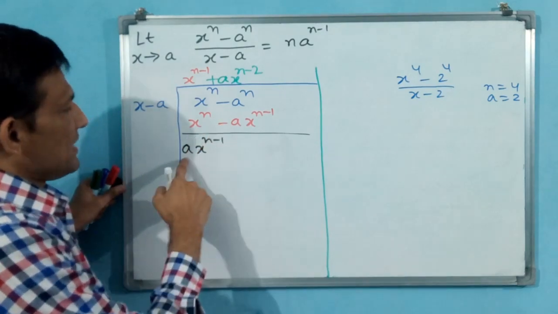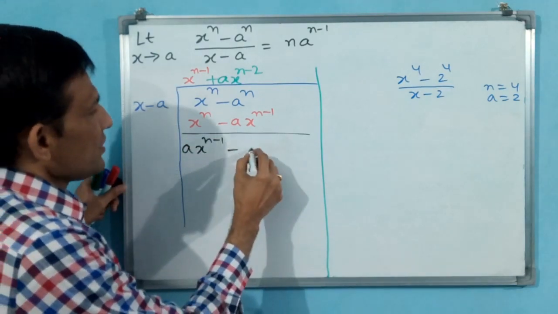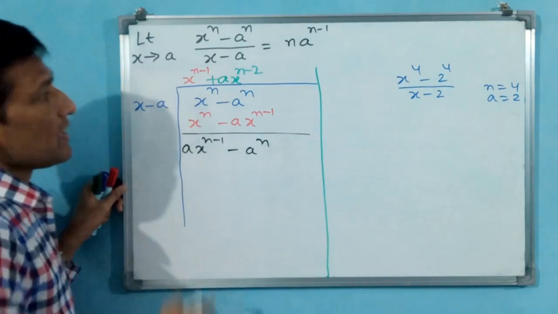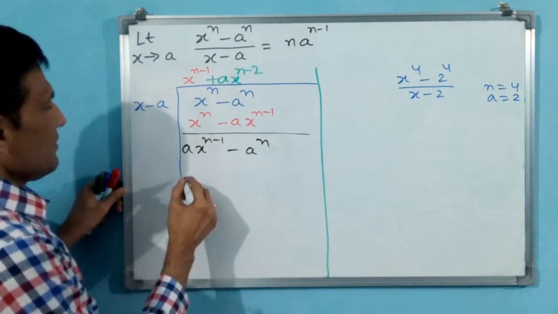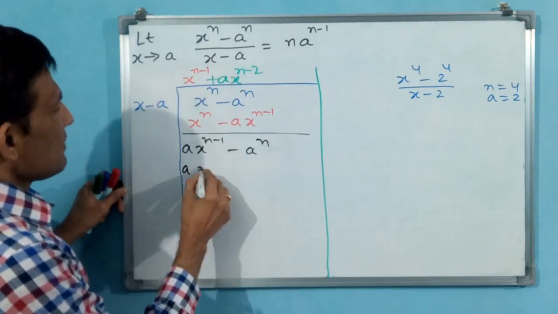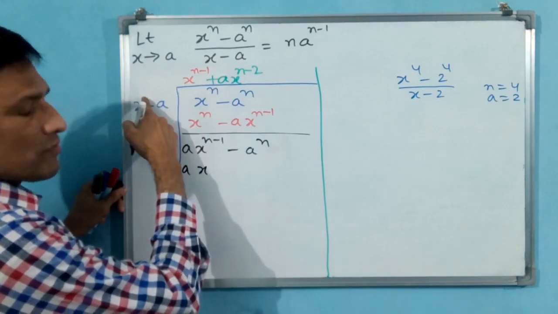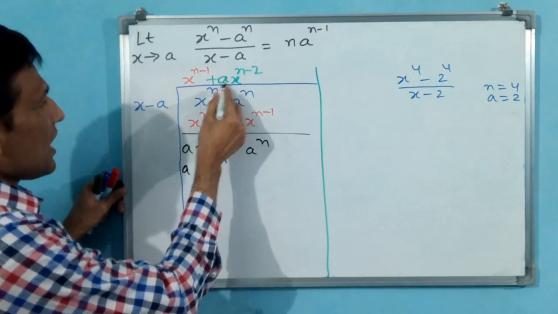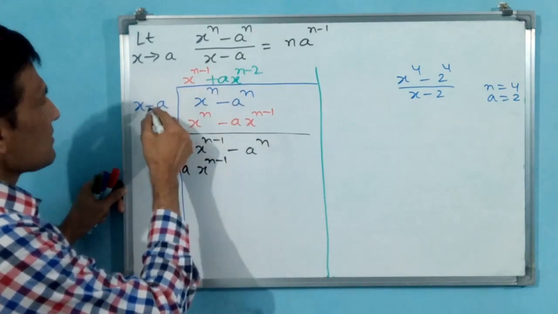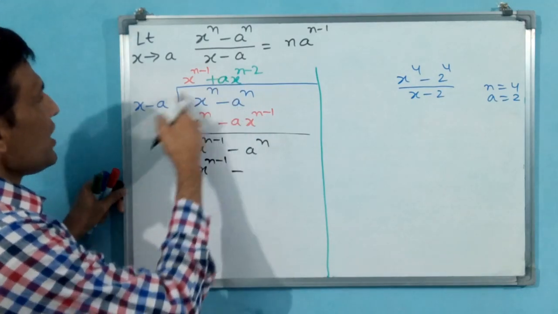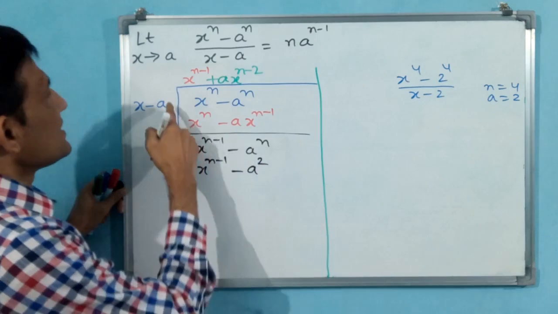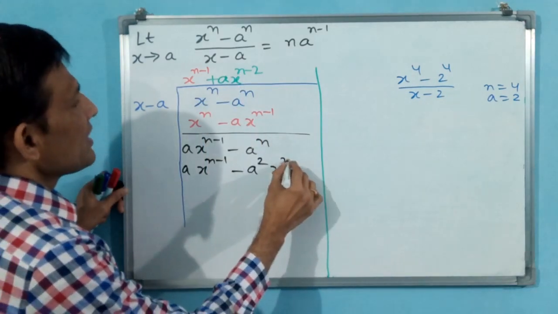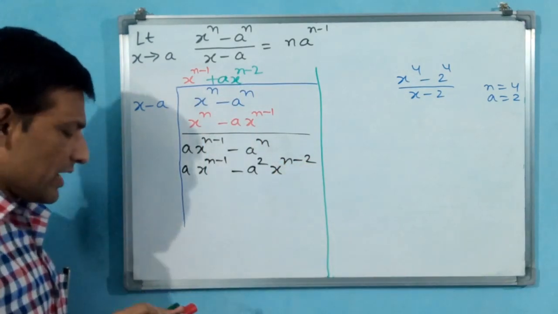But minus of minus plus, and now I am writing this one, a power n. Now I am multiplying this a, that means a x power n minus 1. Then again I am multiplying this: minus a square x power n minus 2. Is it okay?